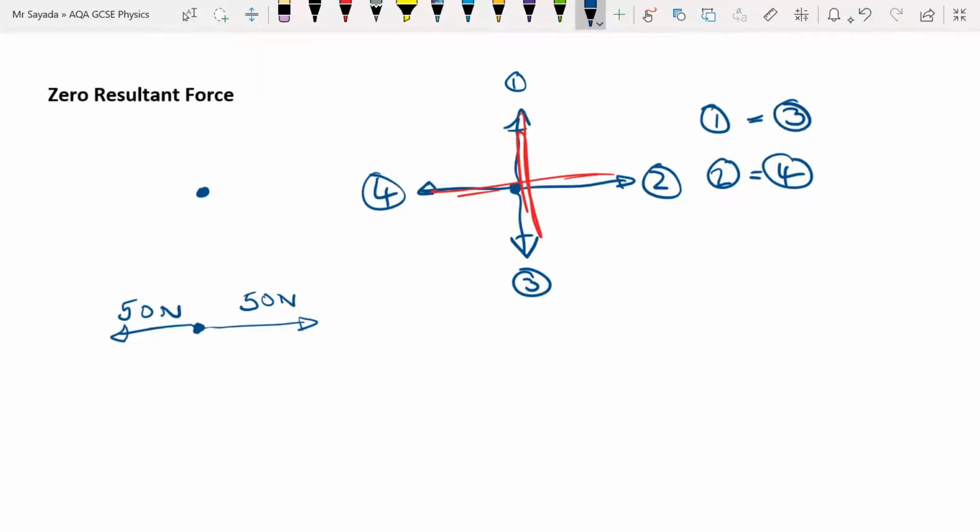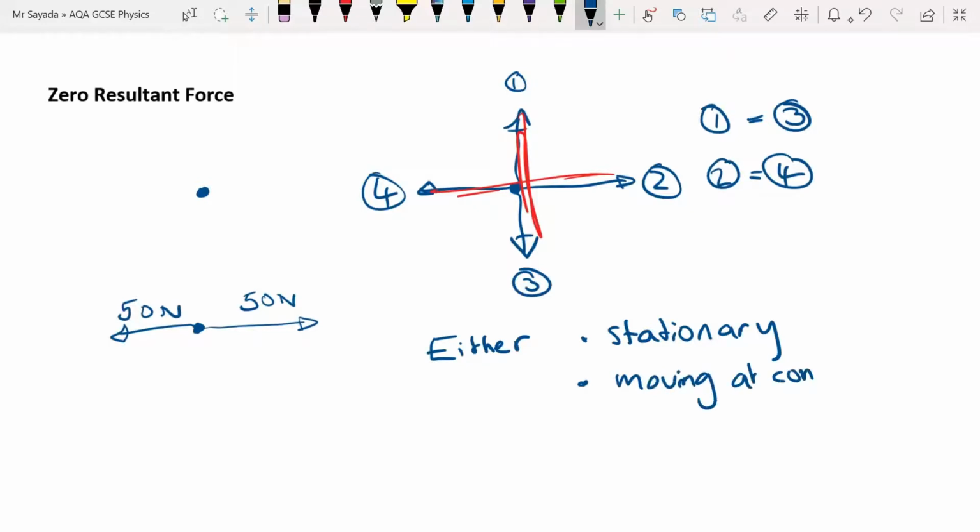We've said it will either not be moving, so it's either stationary, or moving at constant velocity. Moving at constant velocity doesn't just mean moving at constant speed.